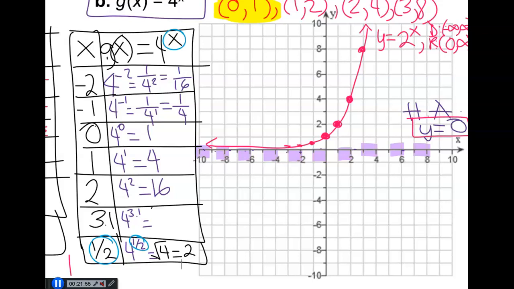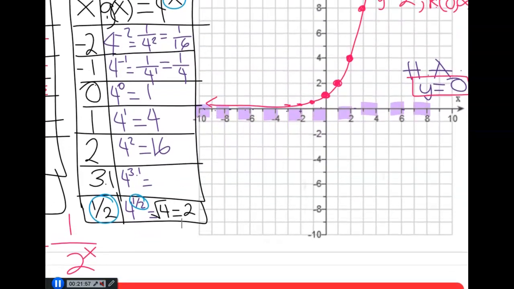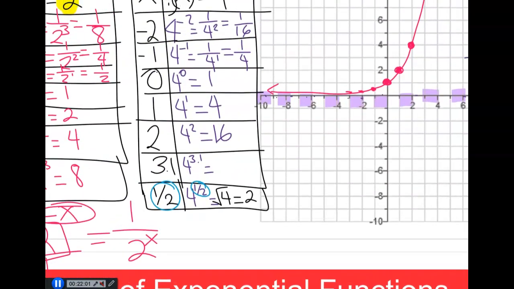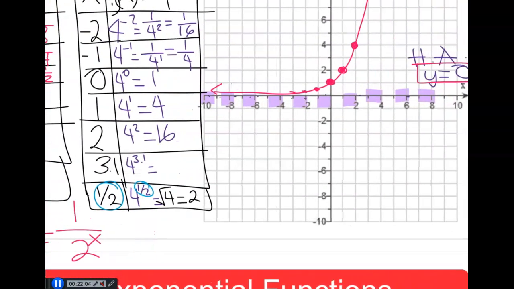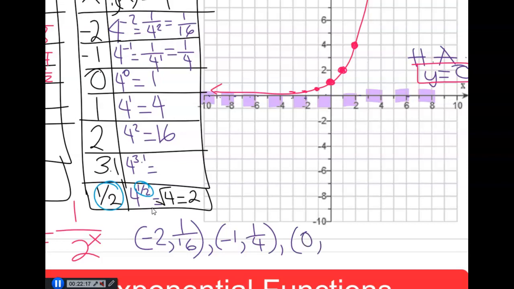And just so you know exactly what I am going to be plotting, it will be the points -2, 1/16, -1, 1/4, 0, 1, 1, 4.